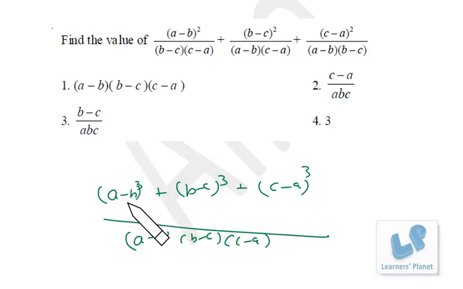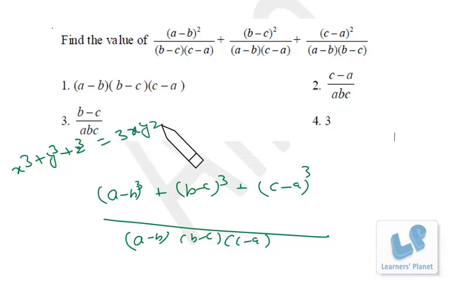Now suppose this expression is x, this is y and this is z. So x cube plus y cube plus z cube is equal to 3xyz if x plus y plus z is 0. Here x plus y plus z, that is a minus b plus b minus c plus c minus a, is actually 0.